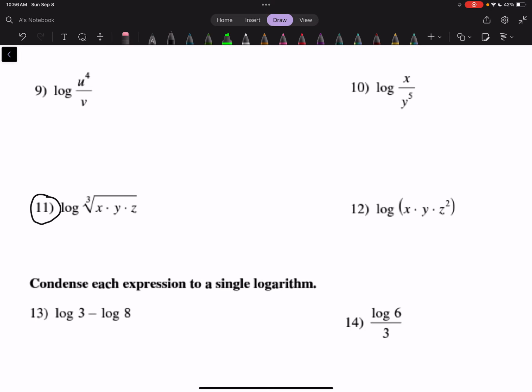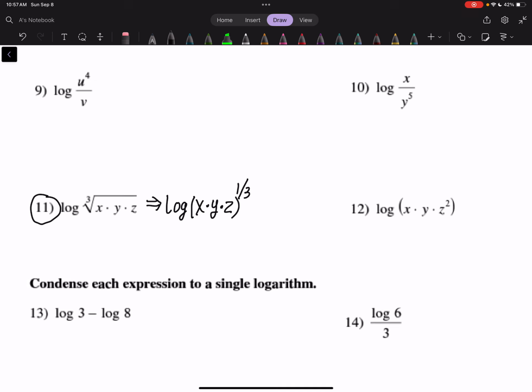Let's do number 11. I'm going to let you practice. So number 11, we have log of the cube root of x times y times z. I'm going to change this to become a power. This is log of x times y times z to the 1/3 power.